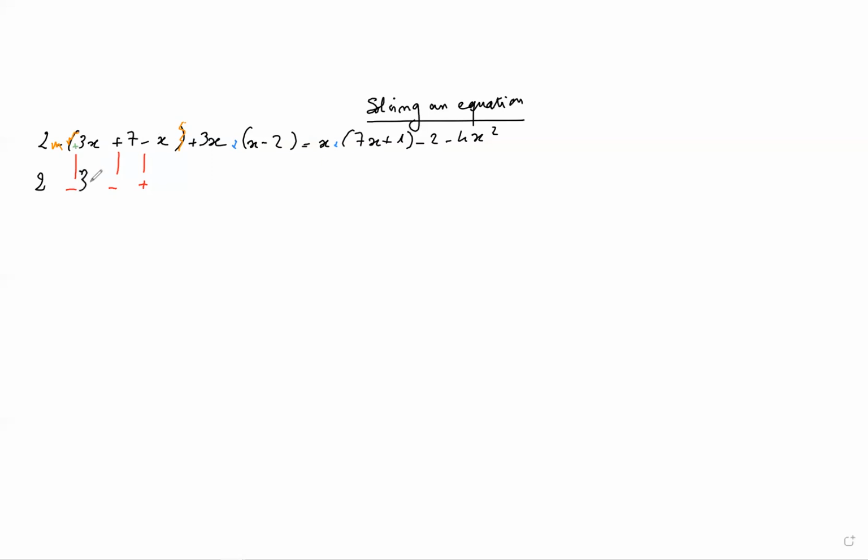So I get 2 minus 3x minus 7 plus x, and the rest doesn't change. I'm not writing the multiplications because you can confuse them and think it's a plus sign, so I'd rather not write them.